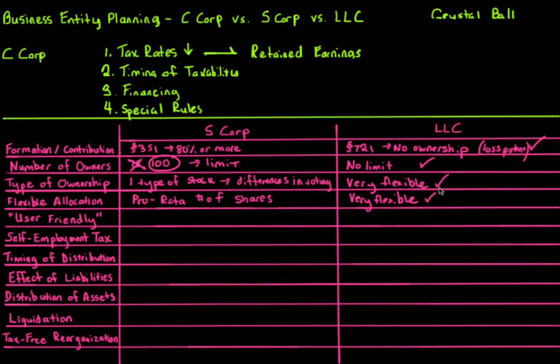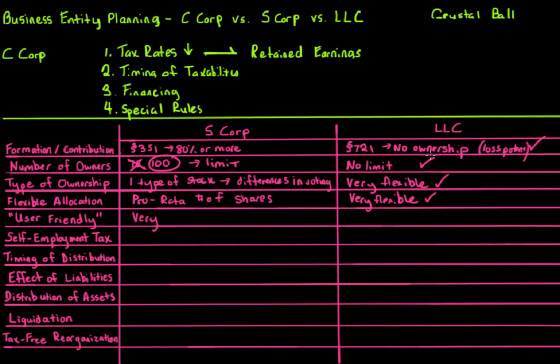All right, let's move on to user friendly. This is one of my favorite things because if you recall, S corporations, small business corporations, as you saw from the rules here, were really meant to be user-friendly ways to conduct business. So very user-friendly. What do I mean? User-friendly in the sense that the tax returns are a lot more simple. When you have these pro rata allocations, that's a lot more simple than the very flexible version. Now, it's possible that an LLC could be very simple as well if everything is just 50-50.